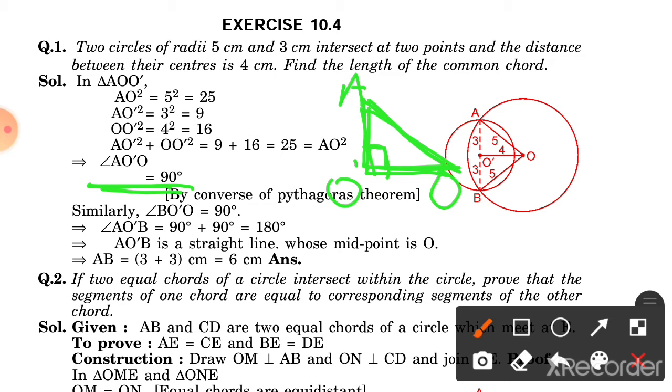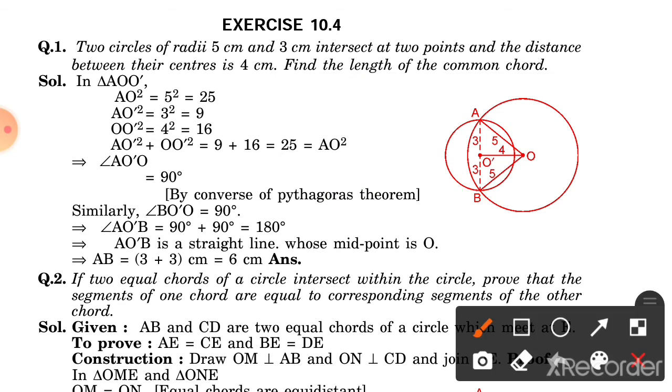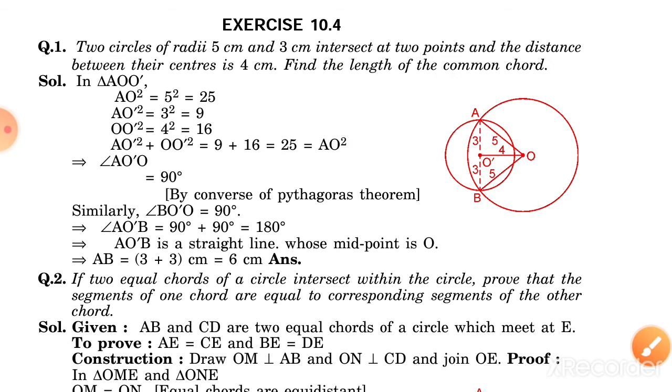Correct, students? Similarly, see in the diagram, there is one triangle that looks like this, O dash, O and B. We can similarly prove that this is 90 degree. So this angle and this angle both are 90 degree. Now add them.